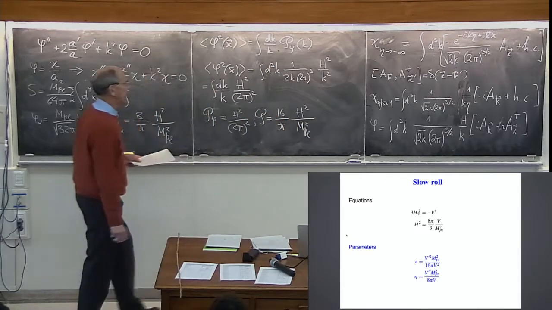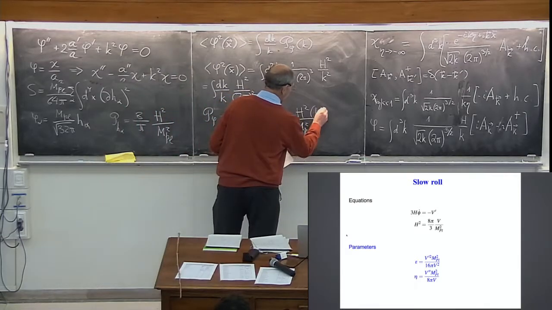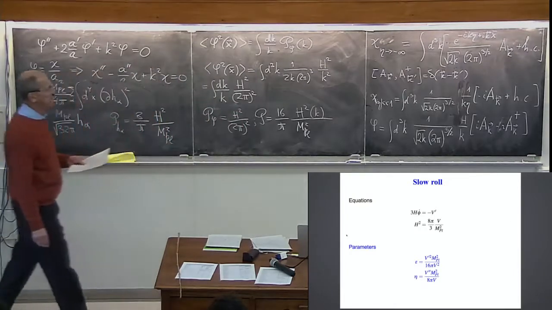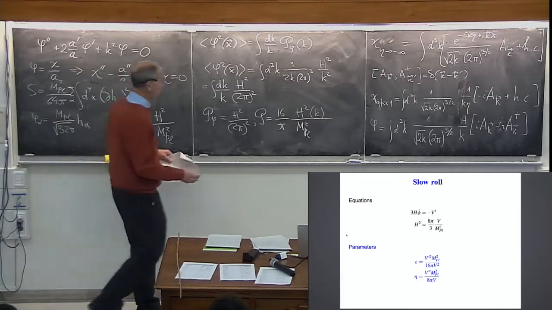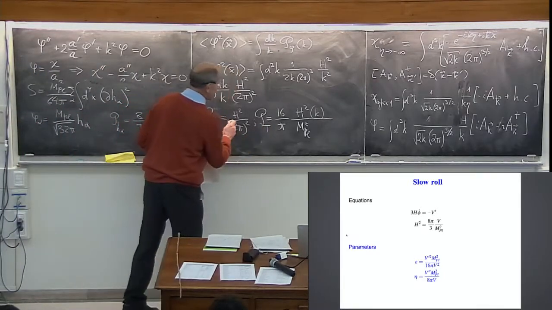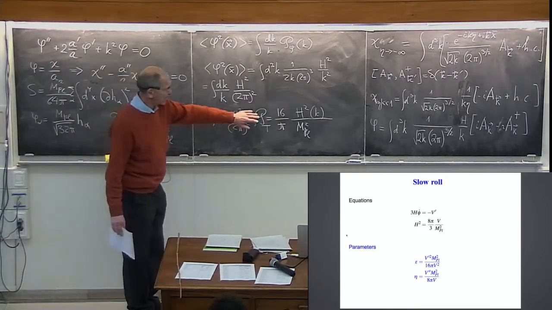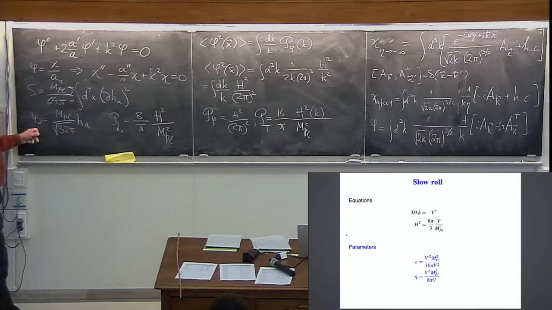Okay, and this H depends on k because different modes exit the horizon at different times. Okay, that's the final answer for tensor modes. This takes into account that the canonically normalized scalar field is related to metric perturbations in this fashion.